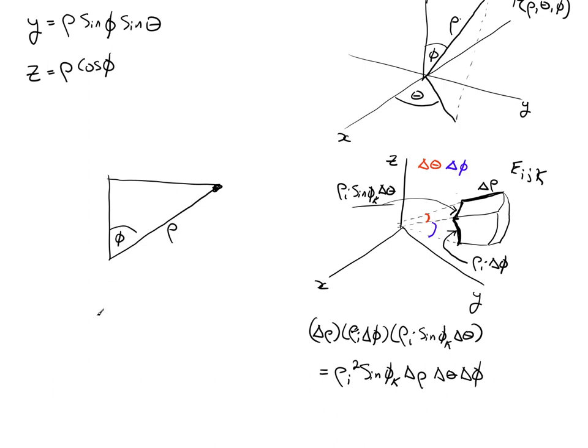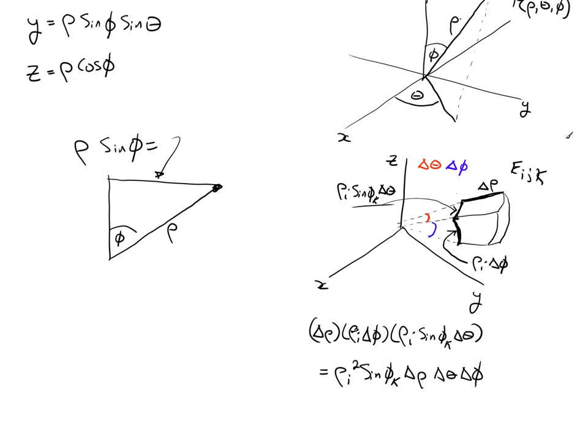So this is rho. Then sine of phi is going to equal this distance over rho, which means that rho sine phi is equal to this distance here.